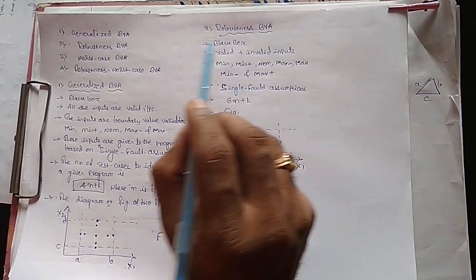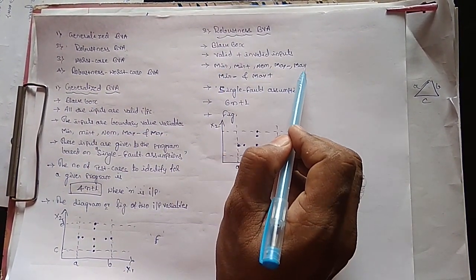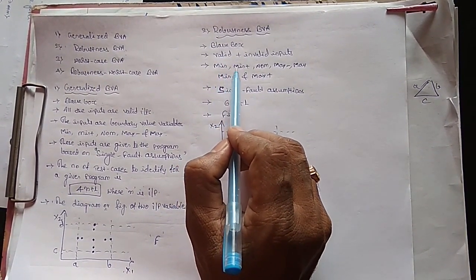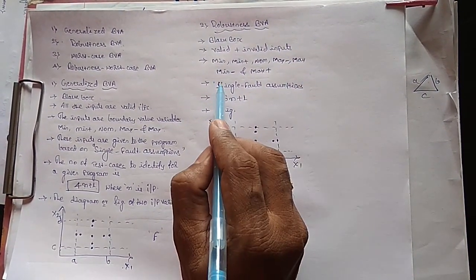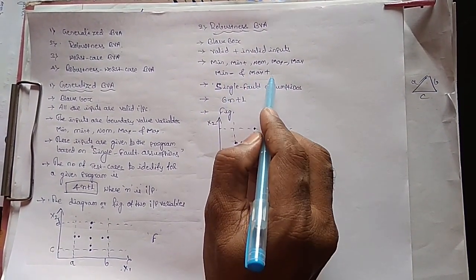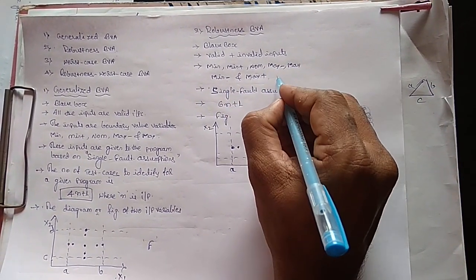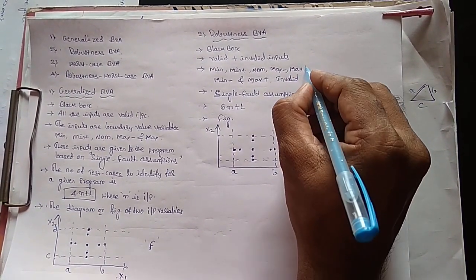When we compare to the generalized boundary value analysis method, we use the same variables. Along with the valid input variables, that is the boundary value variables, we are using 2 invalid input variables, that is minimum minus and maximum plus. These 2 variables we call invalid input variables or invalid input boundary value variables.